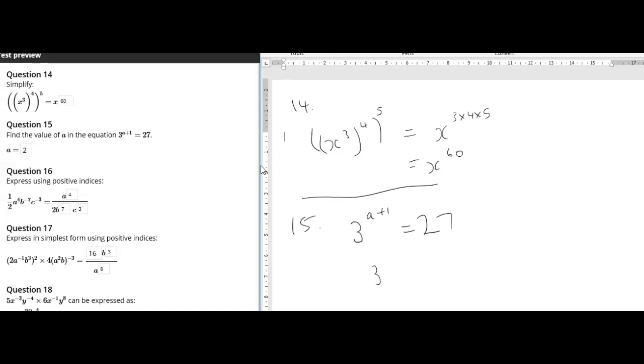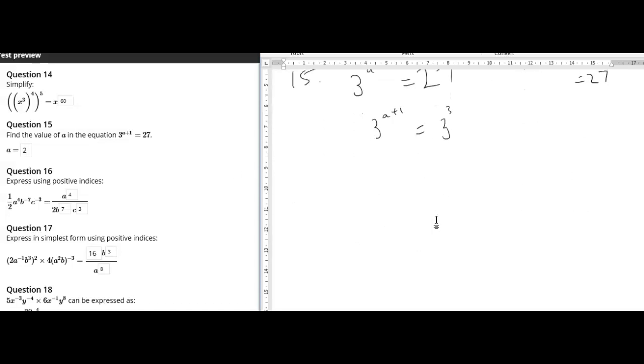So 3 can't actually change, so let's change the 27. 27 is actually the same as 3 to the power of 3. A little clue is, if this side's 3, this side has to be 3. So you've got to say, well, 3 to the power of what gives me 27? 3 to the power of 3. So 3 times 3 times 3 gives you 27.